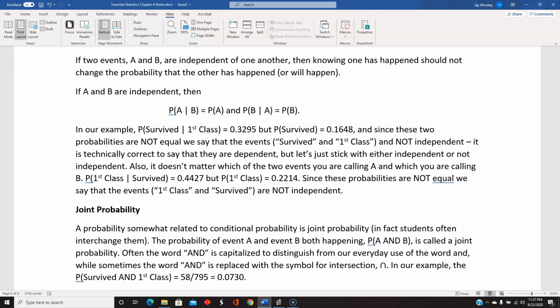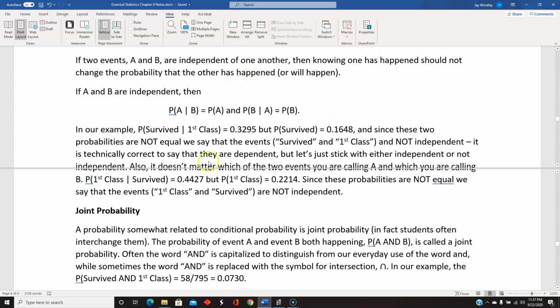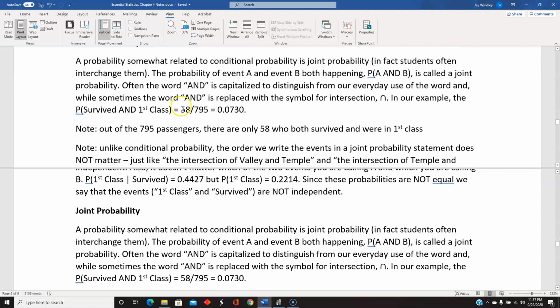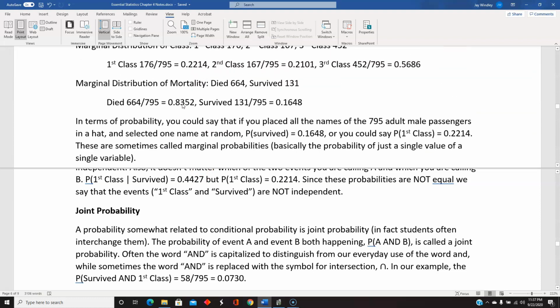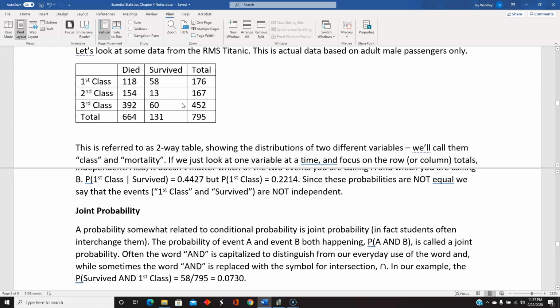So in terms of our Titanic data, the probability that someone survived and is in first class is 58 out of 795, which is about 7%. And if I go back to this table here, you'll see that of all of the people referred to in this table, this 58 right here are the only ones who are in first class and survived.